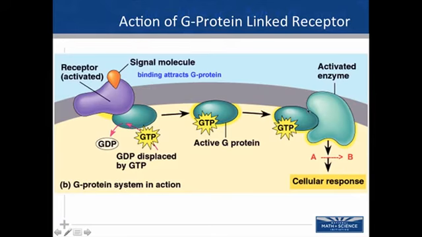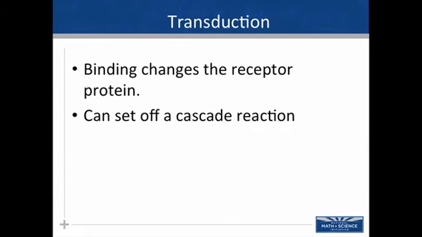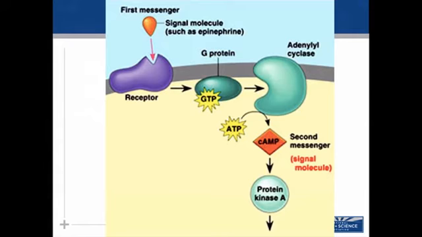And then it will bind with an enzyme, and that enzyme sets off a set of events that's going to lead to the cellular response. So that process of transduction involves the receptor protein changing when the ligand binds with it, and then a cascade of reactions is set off because of that.